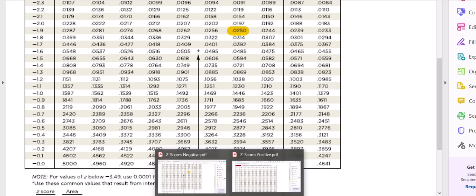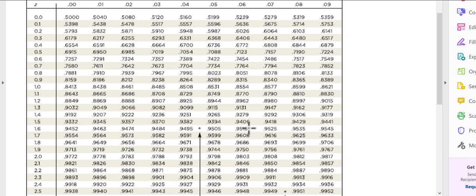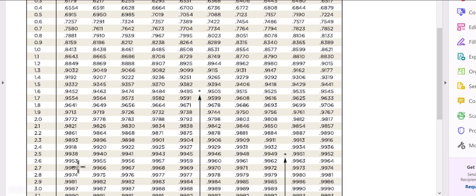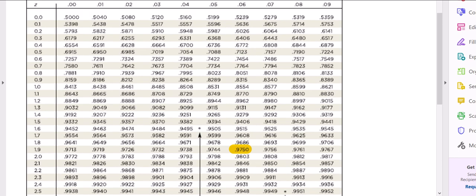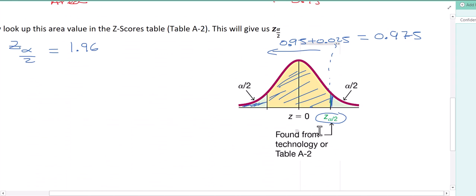So I need to go to my positive z-scores and find 0.975. Again, I'm looking at the areas here. 0.975 right there. And so that's the one that I want to find the z-score for. That is 1.96, so same thing, but positive. So then I know, okay, this is 1.96.